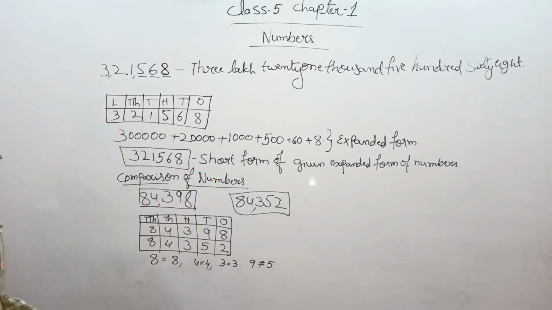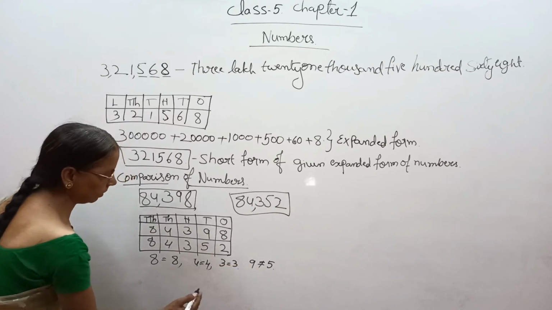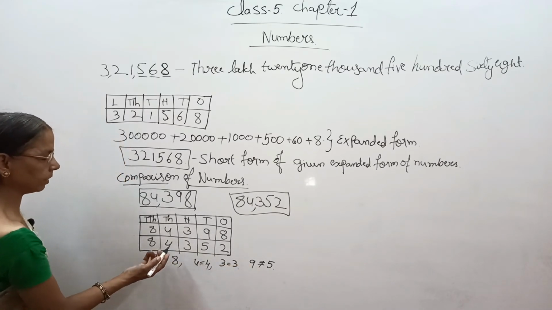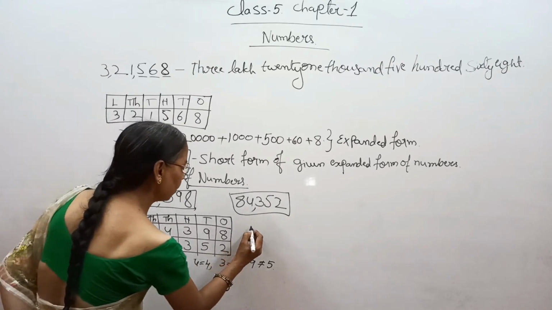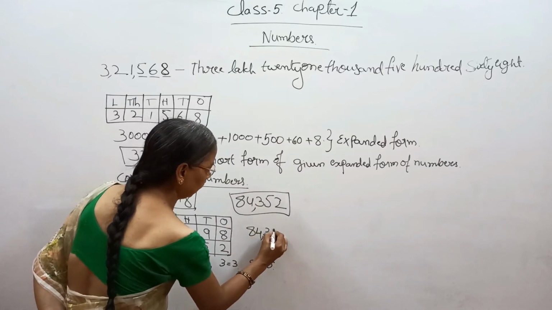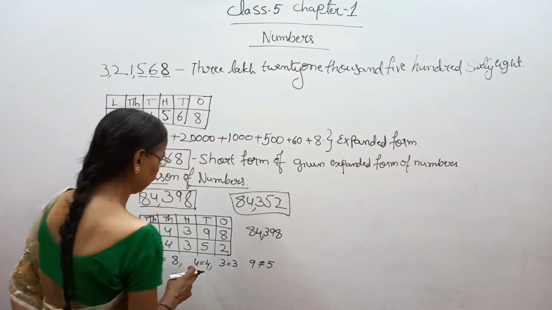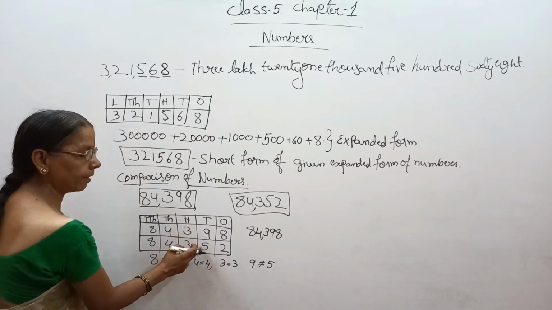Like this, when we find the not equal number, then simply we identify that number and we say that 84,398 is, here it is 9 and it is 5. That is, 9 is greater than 5.